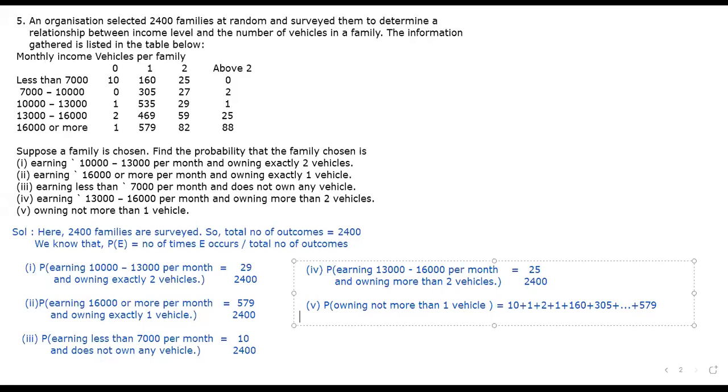Am I right? Yes. Divided by 2400 is equal to 10, 11, 12, 14. 14 plus, add those 2 columns. Tell me 14 plus how much upon 2400?